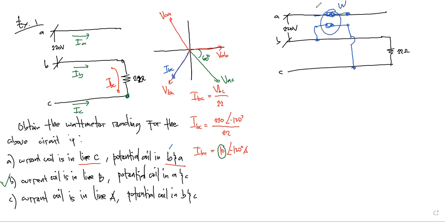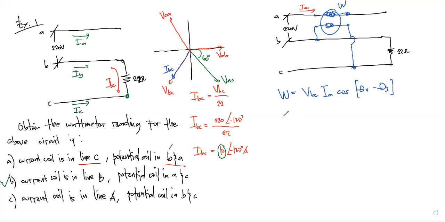So as indicated, obviously we have here the current that flows in the current coil, which is IA, and then you have the potential B and C. Such that we can have the wattmeter reading as indicated: voltage BC, current IA, cosine of theta V minus theta I, for the voltage BC.